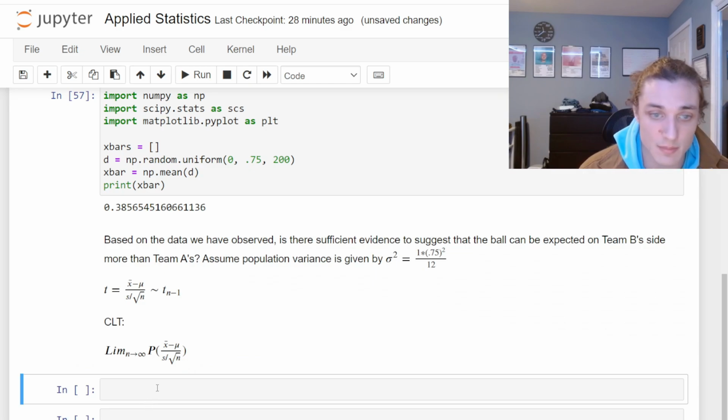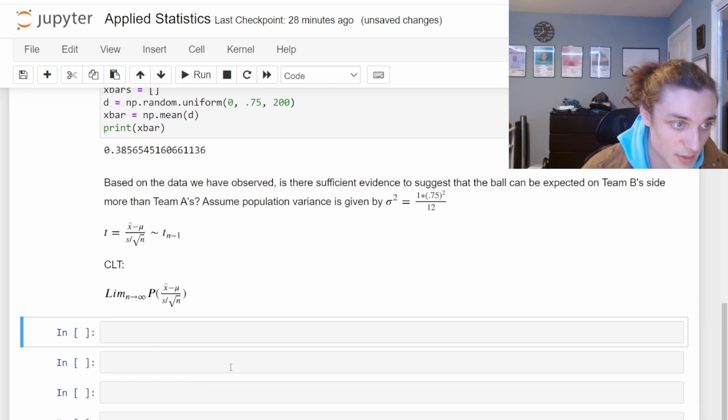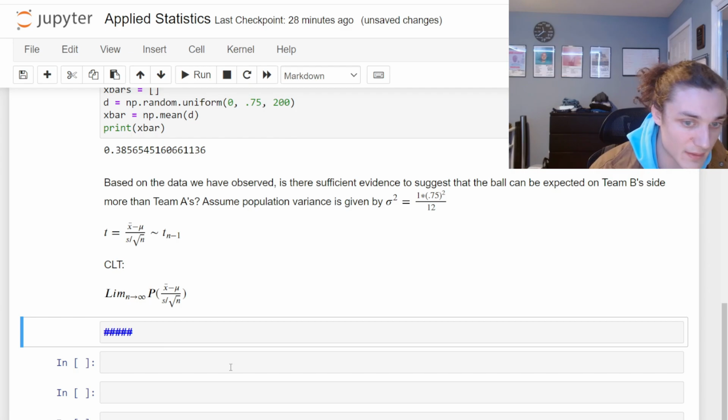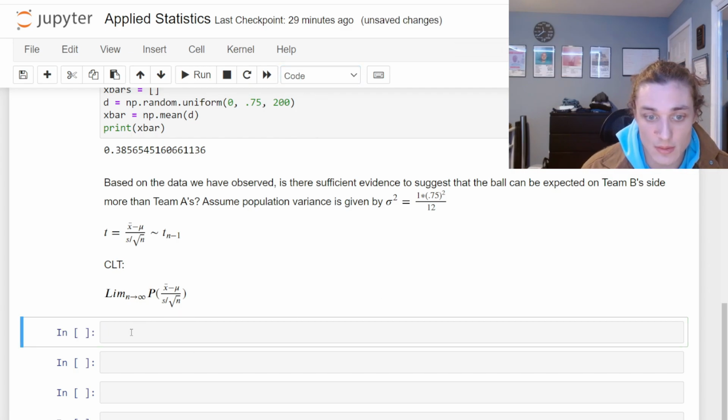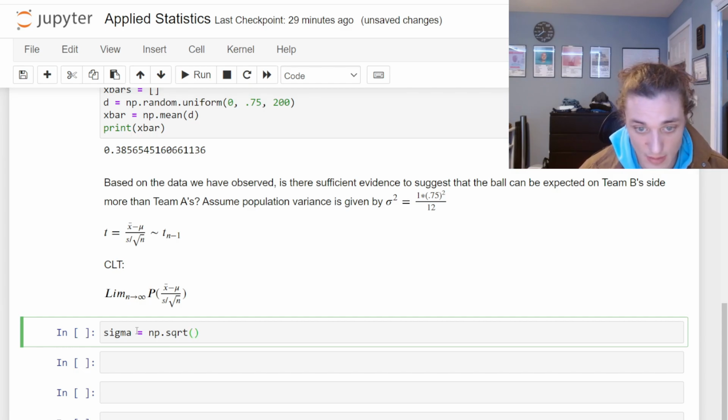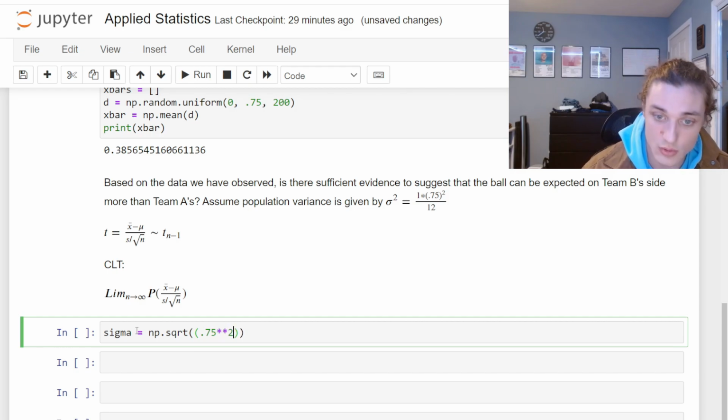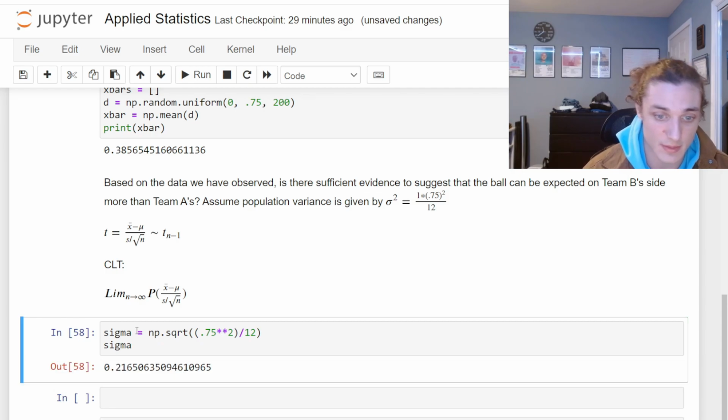Then we can compute this very easily. Throw this in code. I will say that sigma is equal to np.sqrt, and this is for the standard deviation, not the variance, and we are given the population variance. So I will say 0.75 squared divided by 12, and that would be sigma there.